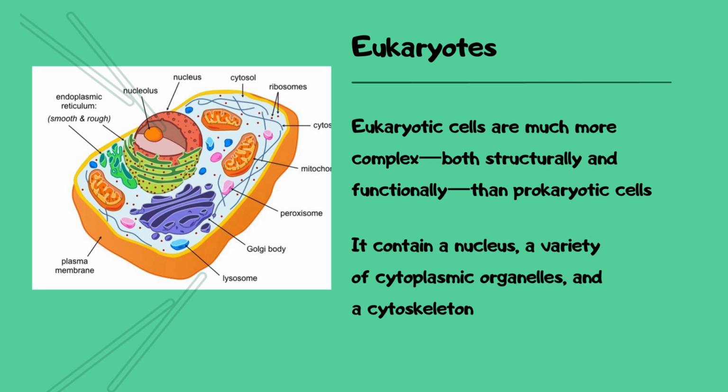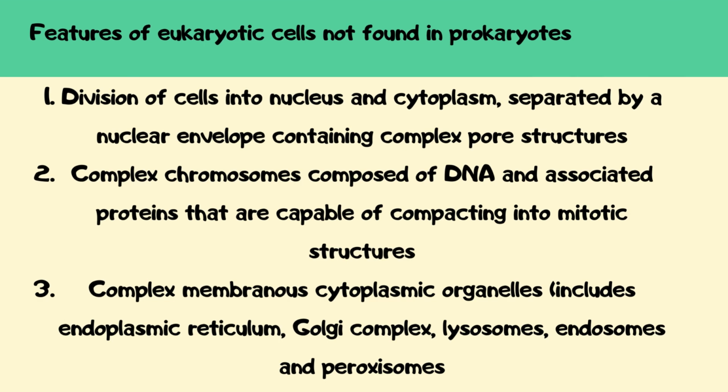The eukaryotic cells are more complex than prokaryotic cells structurally and functionally. Besides the nucleus, they contain membrane-bound organelles, cytoplasm, and cytoskeleton. There are dominant features of eukaryotic cells which are not found in prokaryotic cells.